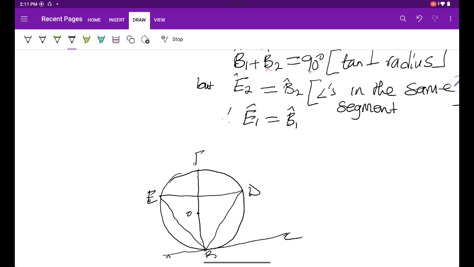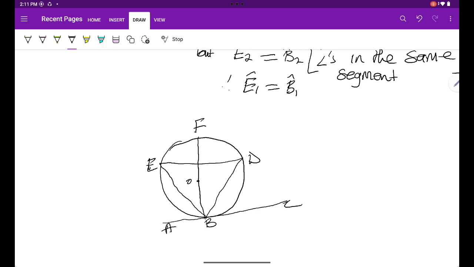This is F. Now remember, we have our B1 here and B2. So we want to prove that B1 equals E1.